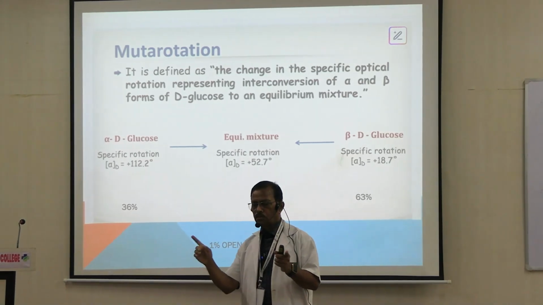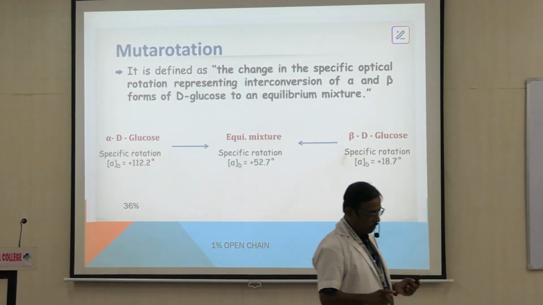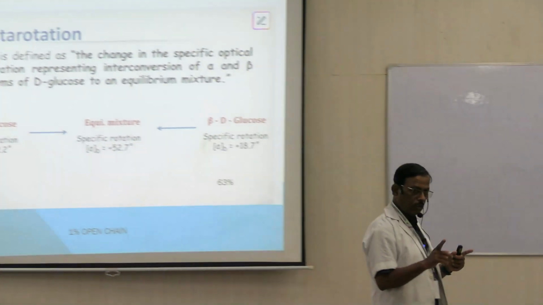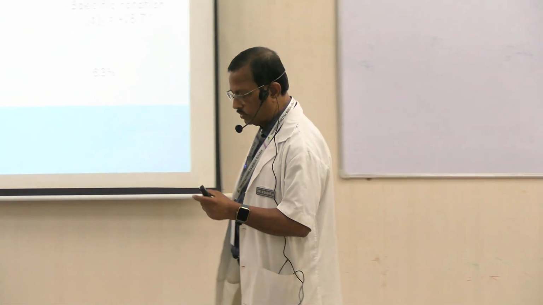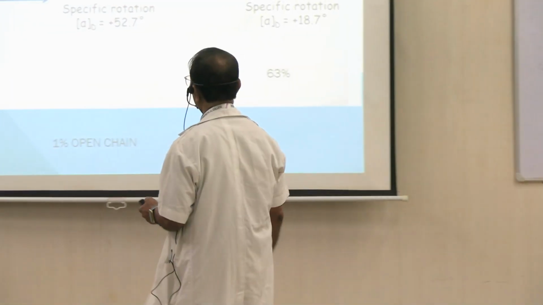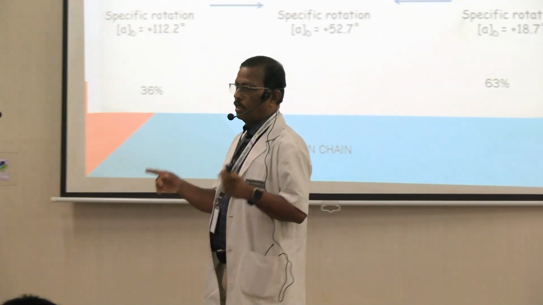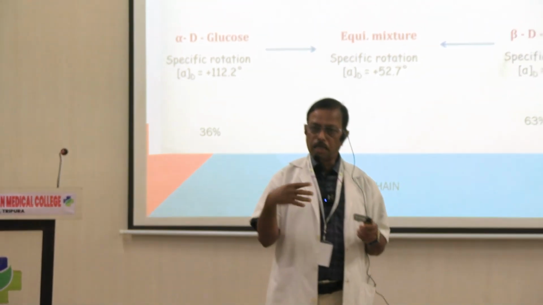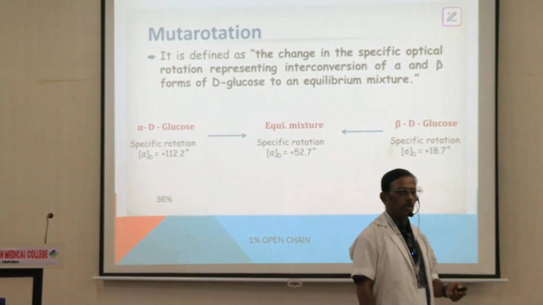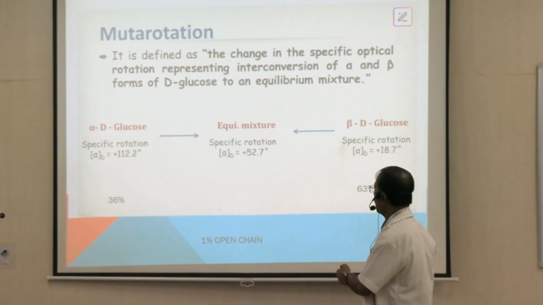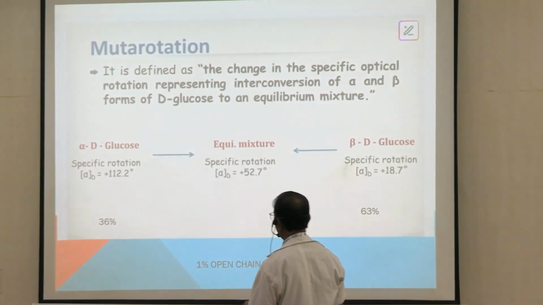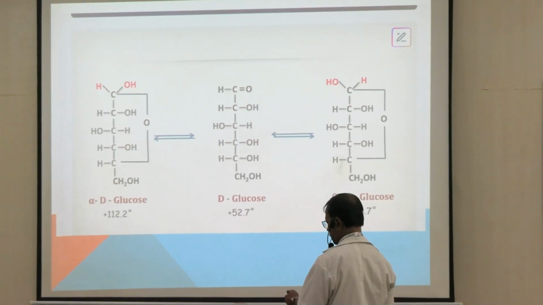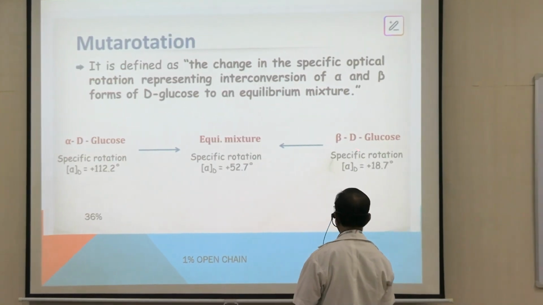When anomeric carbon is present in some monosaccharide, there is another isomer formed, alpha and beta. Okay, alpha form and beta form.